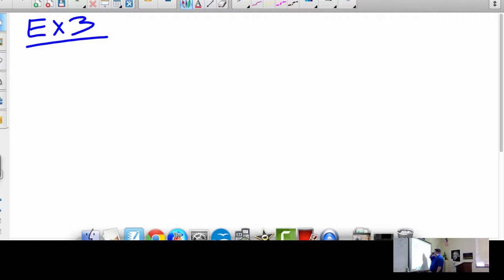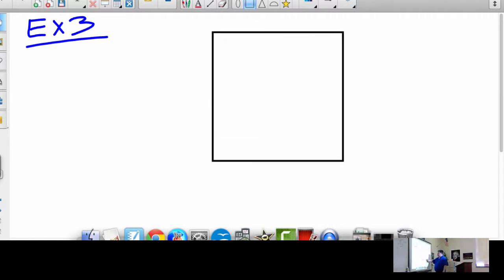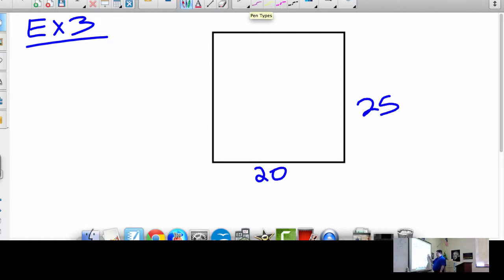So what we're trying to do is we are going to have a rectangle that is 20 by 25, I think it was, right? Yep. And this is inches.